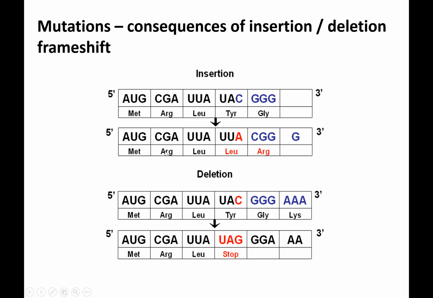Okay, so these next couple slides are just examples of insertion deletion consequences. Again, changing that reading frame. So here you added an A, and that changes the groups of 3. Here you lost a C, and that changed the group of 3. And in this case, gave you a premature stop codon.